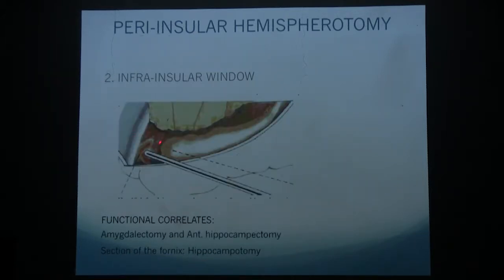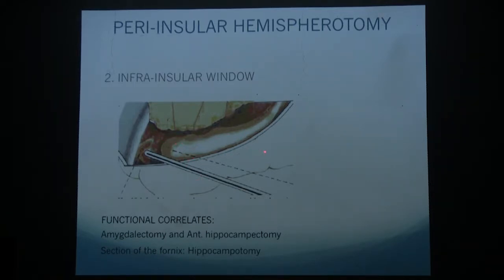So inside the ventricle, as I mentioned before, the amygdala and the head of the hippocampus have a lot of connections that we do not want to disconnect because of the fear of damaging the other hemisphere. They're very close to the midline perforating arteries, and therefore the way to deal with that is to remove the amygdala and the head of the hippocampus.